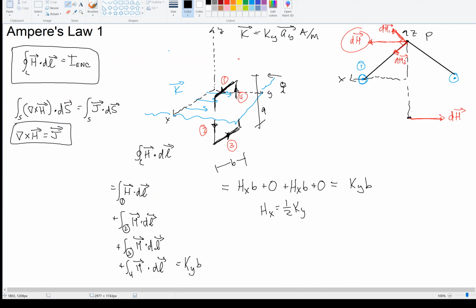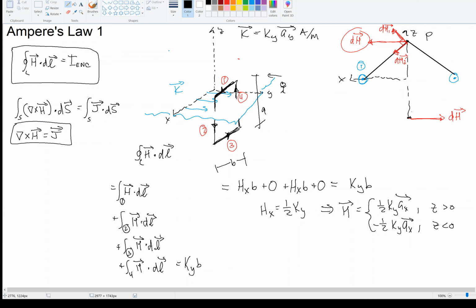Now, remember we said that H was positive above the sheet and negative below, so we could say something like this: H is equal to 1/2 Ky ax in the x direction, right, when z is greater than 0, or it's negative 1/2 Ky ax when z is less than 0.